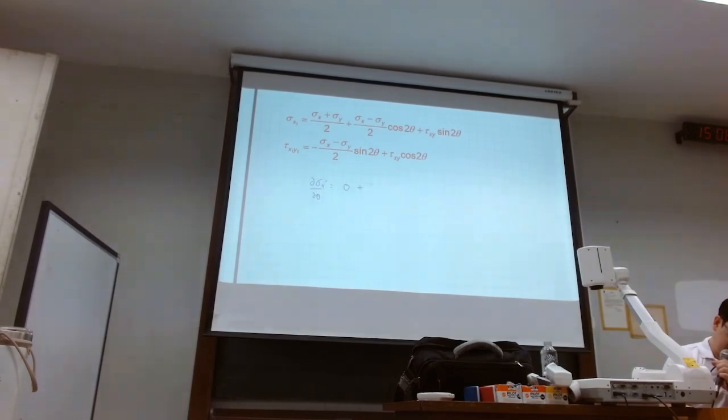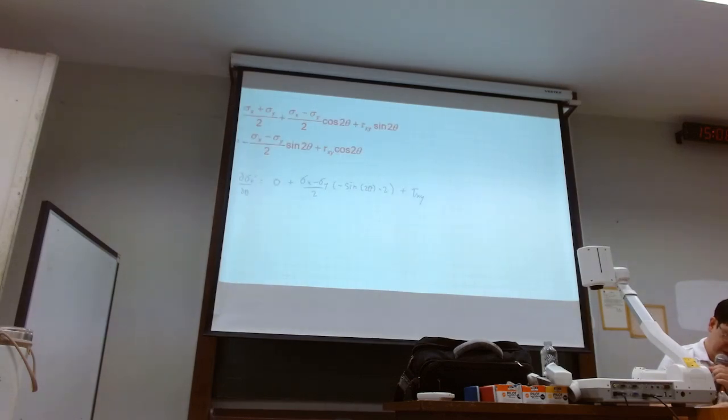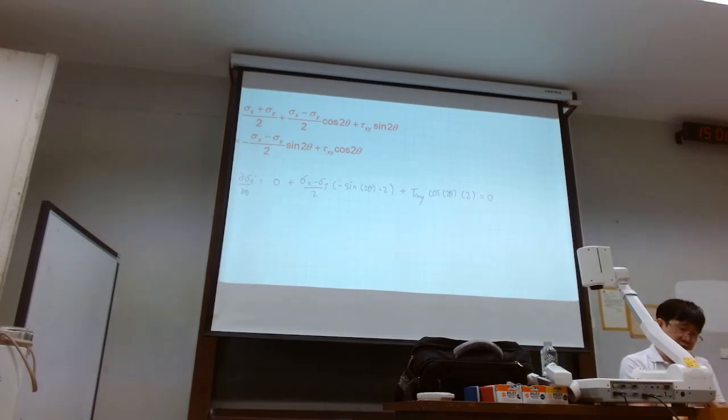The second term will be sigma x minus sigma y, cosine, you get minus sine of the 2 theta times 2, plus this tau xy would be cosine of the 2 theta times 2. Now this must be equal to 0 to secure the values.